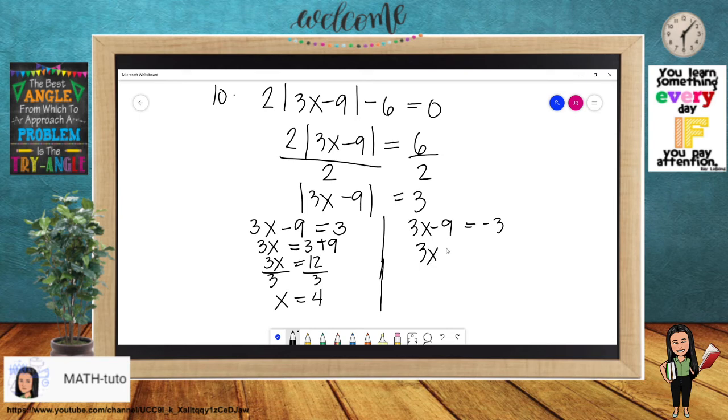We have here 3x equal to negative 3 plus 9. We have 3x equal to 6. Divide both sides by 3. X is equal to 2. So, in this equation, x is either equal to 2 or x is equal to 4.